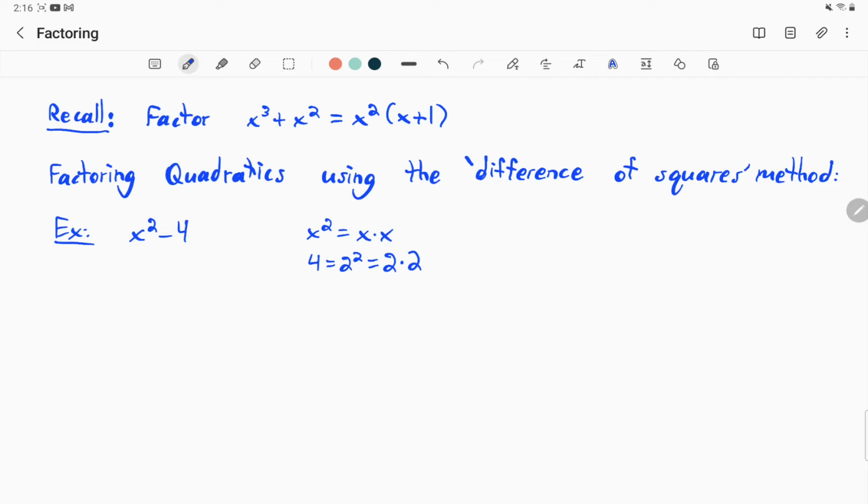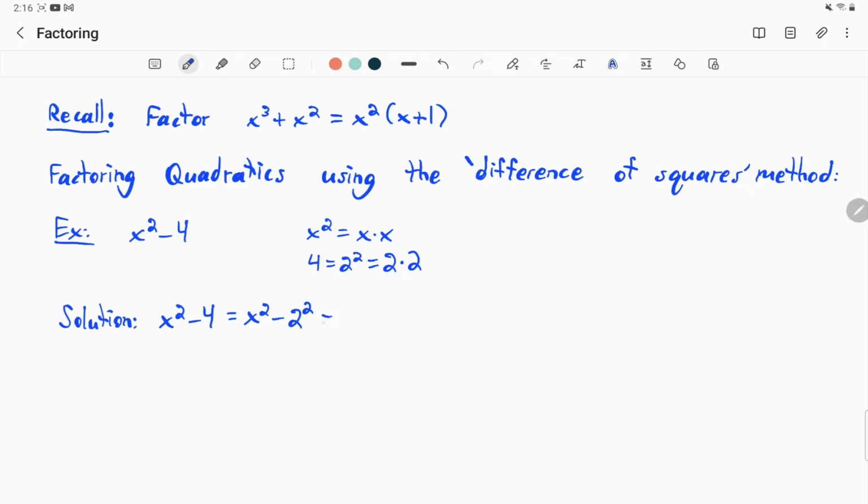So this is a difference of squares, and difference is subtraction, right? So solution: x squared minus 4. The key here is to recognize that 4 is a square, and so is x. We keep going, rewrite it. It's x squared minus 2 squared. Now it's a difference of squares.